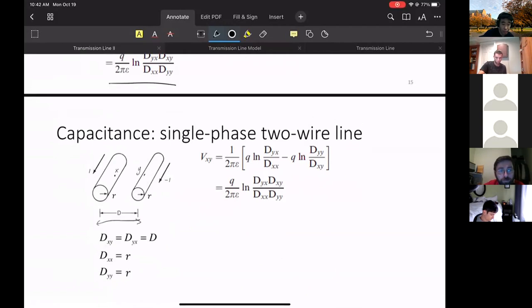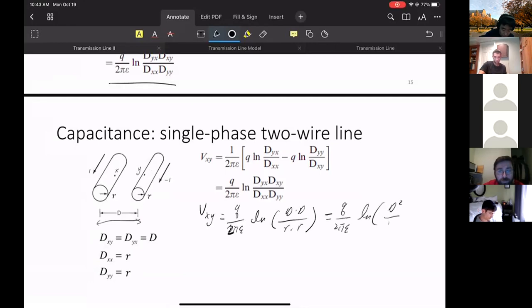Once we start plugging into the equations, we have the following: Vxy. This doesn't change, 2 pi epsilon, and this is log. The d's are the same, so d times d, and r times r. So this is q over 2 pi epsilon log of d squared over r squared.